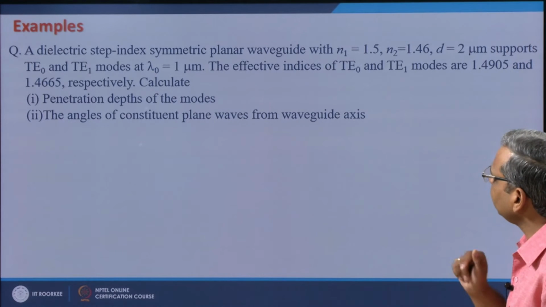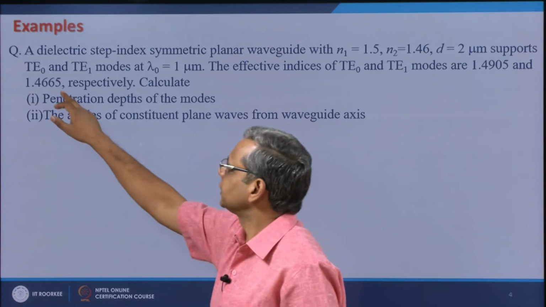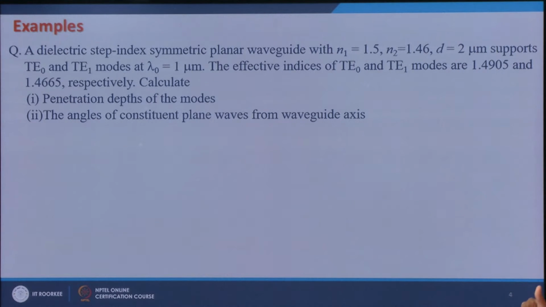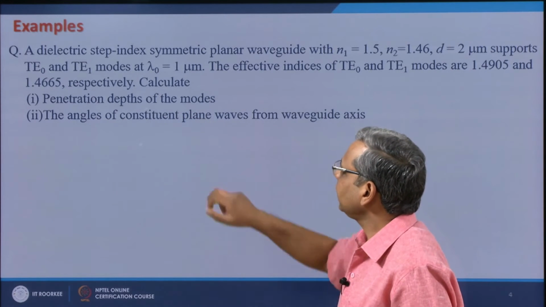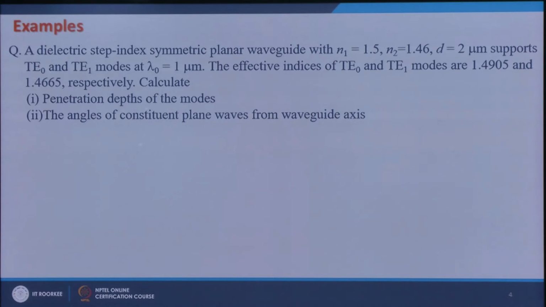If I find the effective indices of these two modes, they come out to be 1.4905 and 1.4665 respectively. Now, let me calculate the penetration depths of these modes and the angles of the constituent plane waves from the waveguide axis.